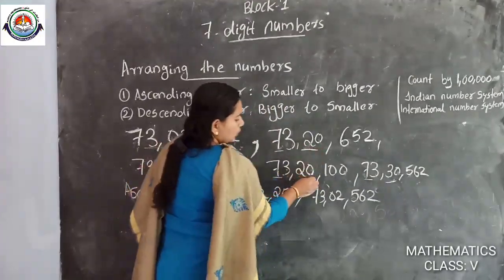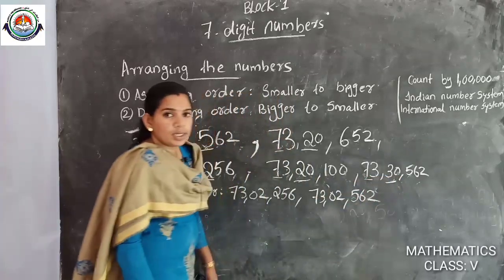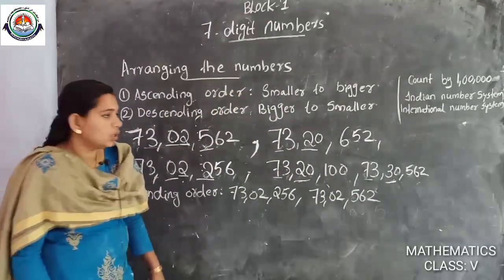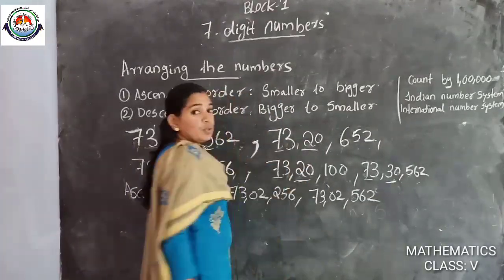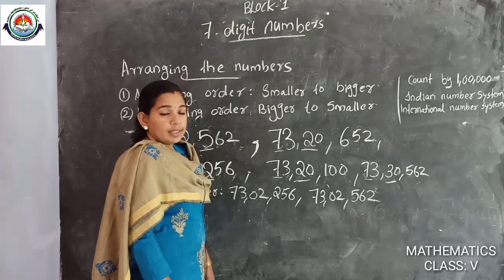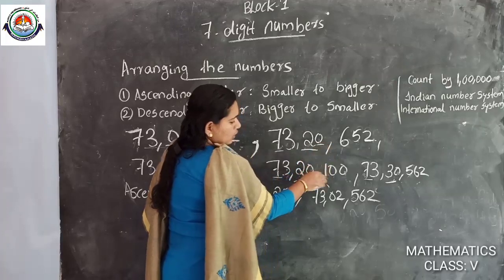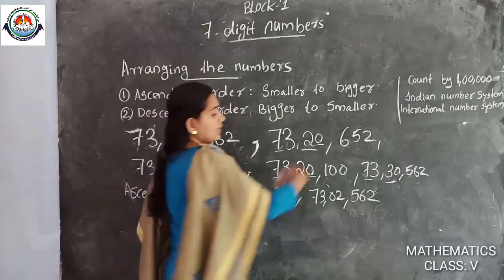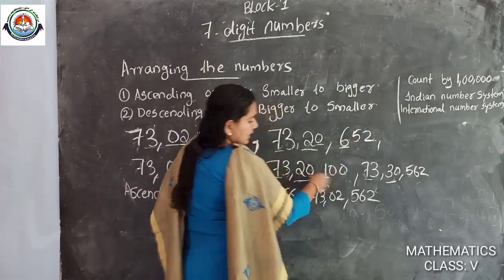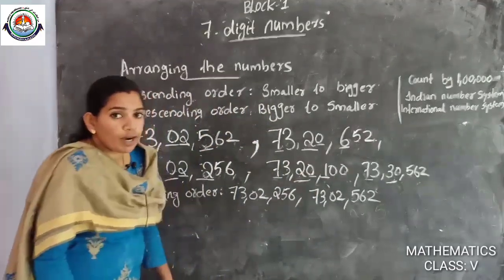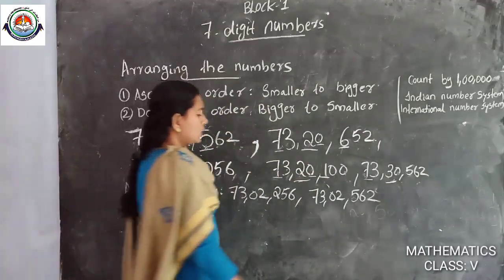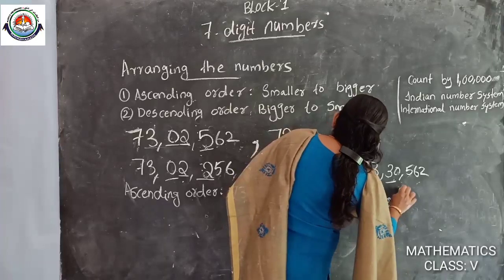Then here 2, 2, 3. Which is smaller, 2 or 3? 2. So in these 2 numbers, 2 is in the 10,000 place. So we consider the next place. Here also 0. Then the next place: here 6, here 1. Which is smaller, 6 or 1? 1. So we consider this the next smallest.